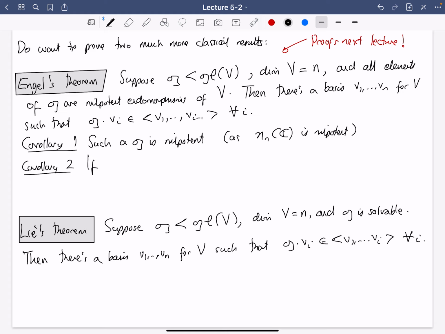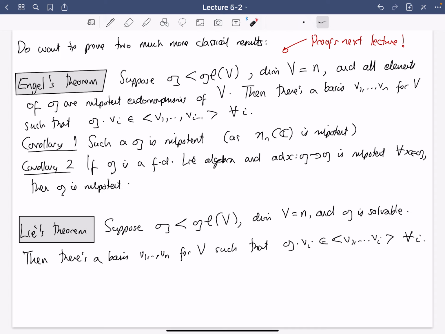If g is a finite dimensional Lie algebra and ad x from g to g is nilpotent for all x in g, well then g is nilpotent.